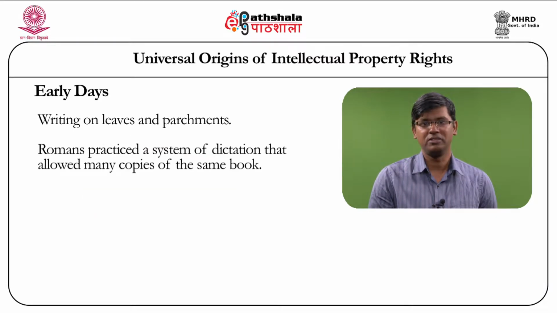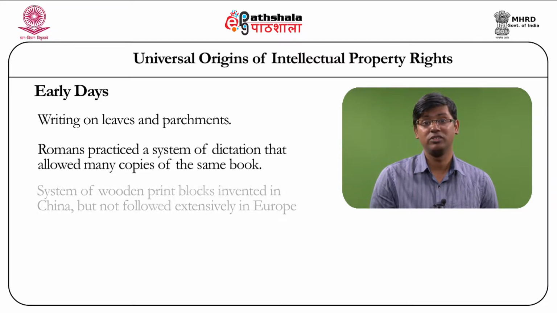Romans actually practiced a system of dictation that allowed many copies of the same book. In this way, they could replicate many books simultaneously by using scribes. But even with this kind of system, you had a very slow way of replicating books, which basically meant the flow of information was pretty much restricted.